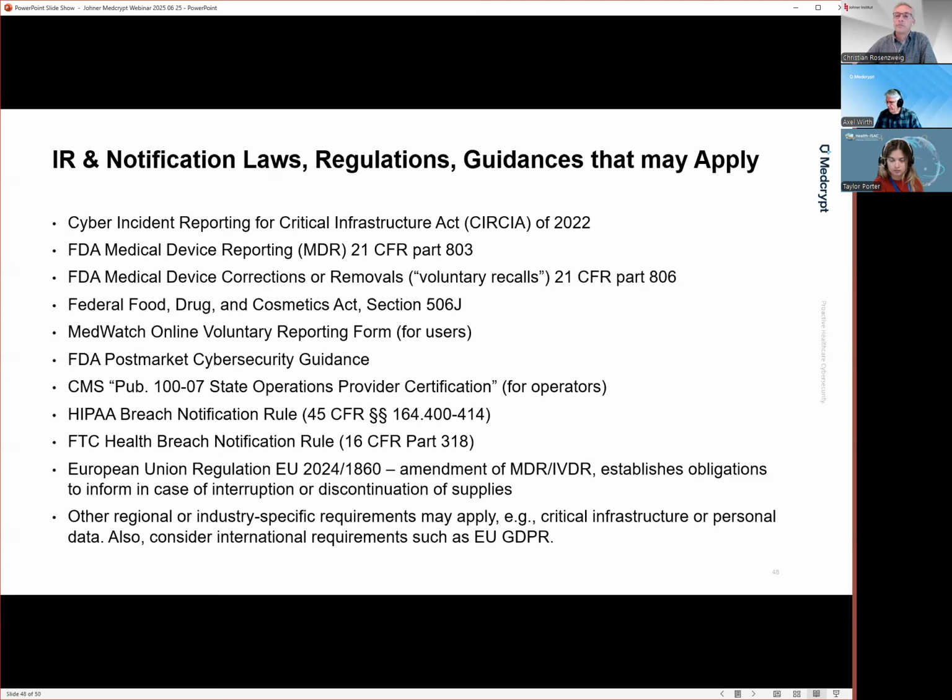But if you have a compromise in your manufacturing environment, then you're dealing more with notification requirements related to shortages of certain critical medical products that may require reporting, right? So again, a lot of incident notification is very situation specific.